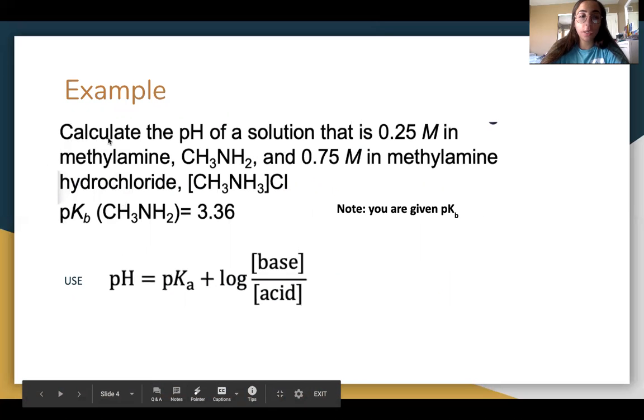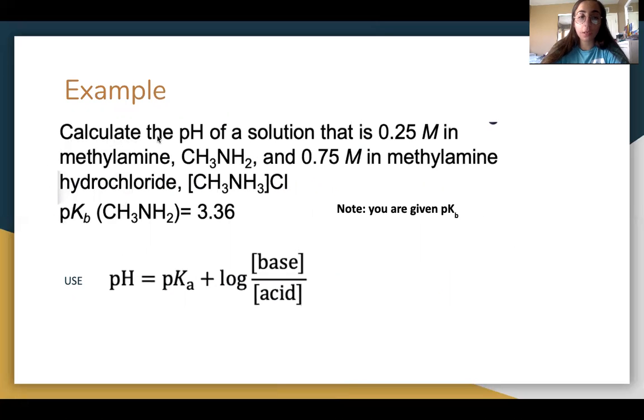Let's say the question says, calculate the pH of a solution that is 0.25 molarity in methylamine and 0.75 molarity in methylamine hydrochloride. And it gives you that the pKb of this solution is 3.36. So again, note that you're given pKb, not pKa, right?